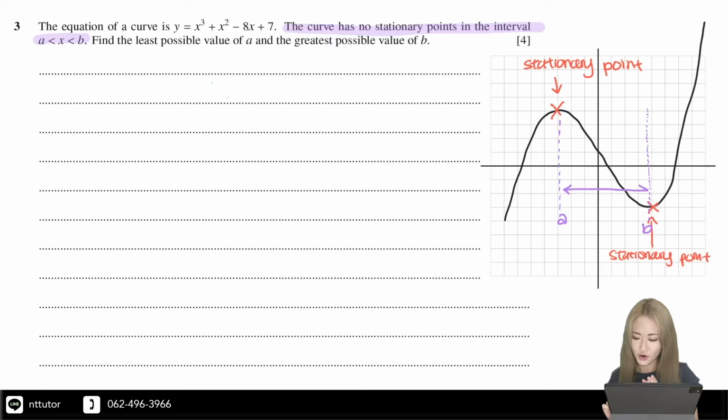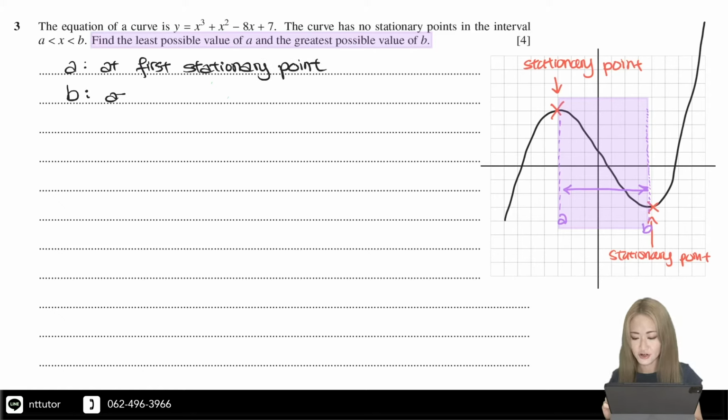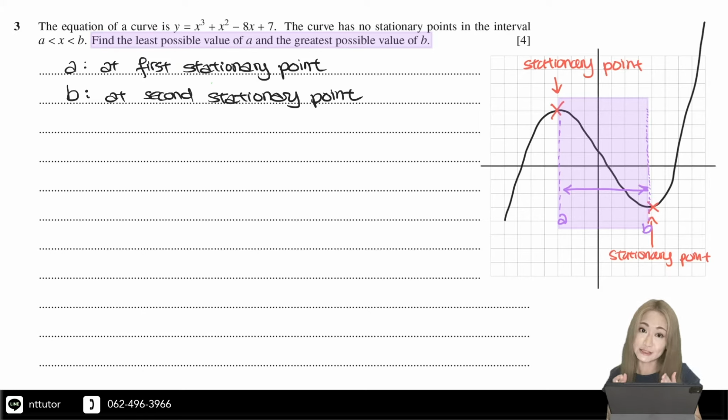So like this over here. So the first stationary point should correspond to the point A, and the second stationary point should correspond to the point B, making the interval between A and B an interval where there are no stationary points if the interval A to B is between the stationary points.